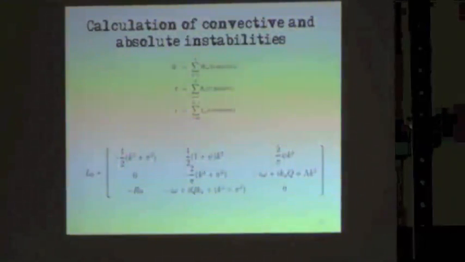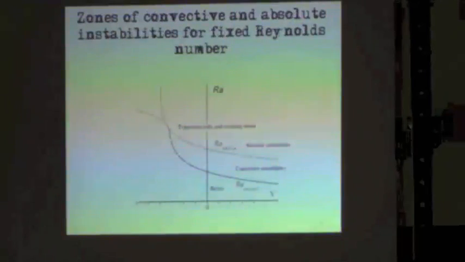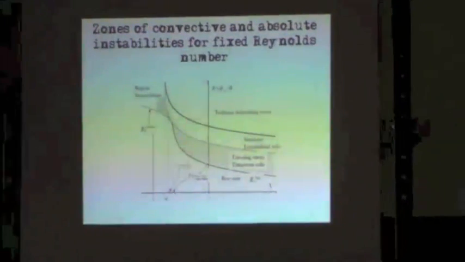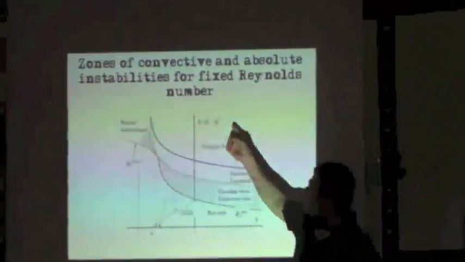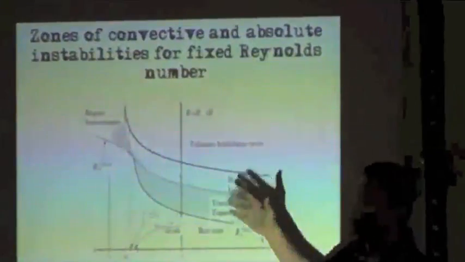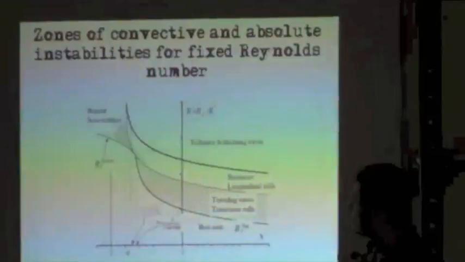Here are some details of the calculus of normal modes to find the absolute instabilities. The main result of this study: the Rayleigh number is a number related to heating. It's proportional to the adverse gradient of temperature.